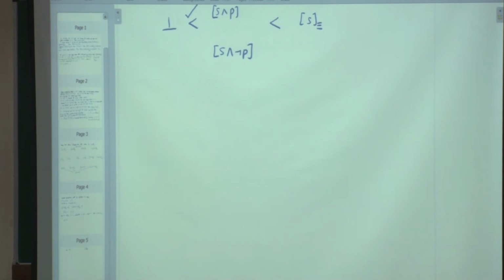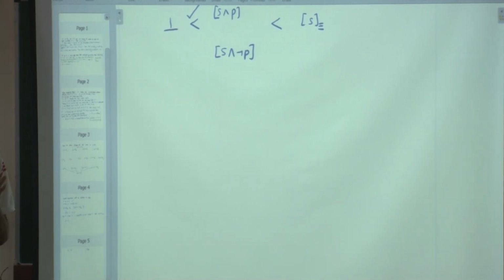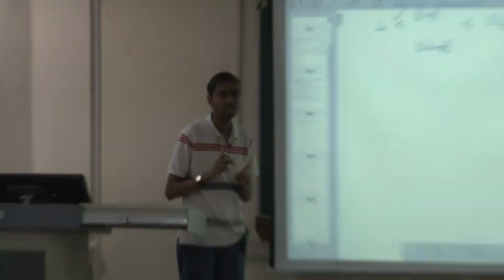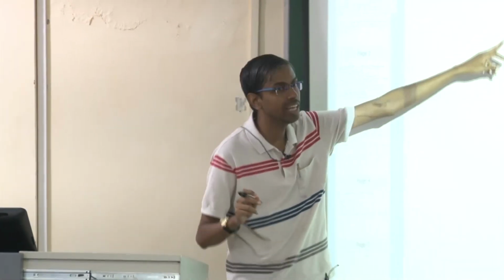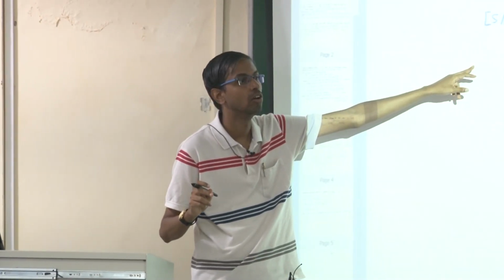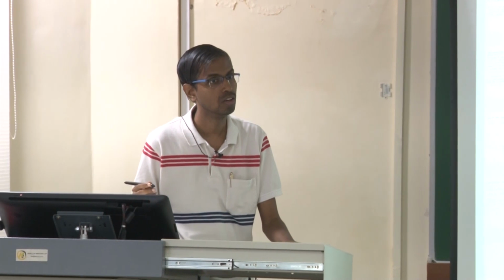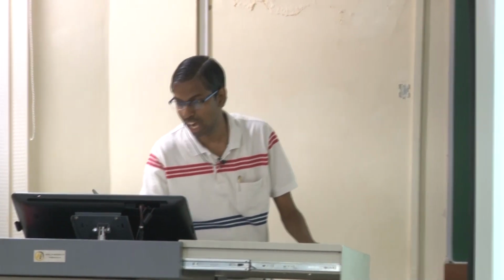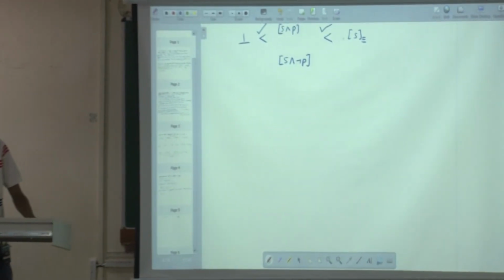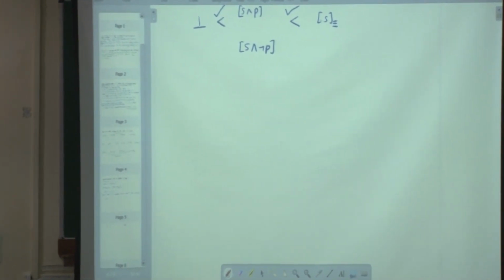Understood? On the other hand, if V makes P false, then S conjunction P is false. So therefore we have witnessed this less than.